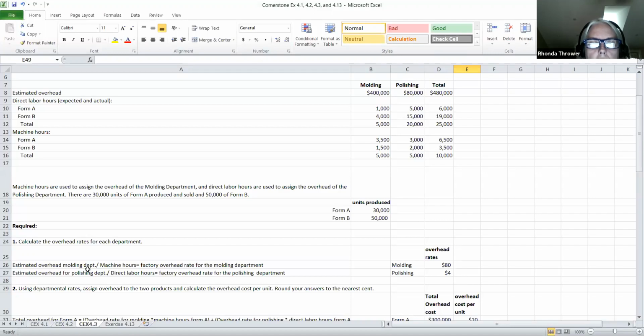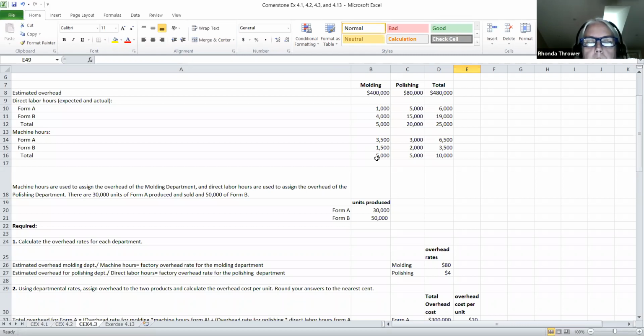So the estimated overhead for the molding department is 400,000. We're dividing it by machine hours because it told us in our instructions, machine hours are used to assign the overhead of the molding department. The machine hours just happen to be 5,000 in the molding department.